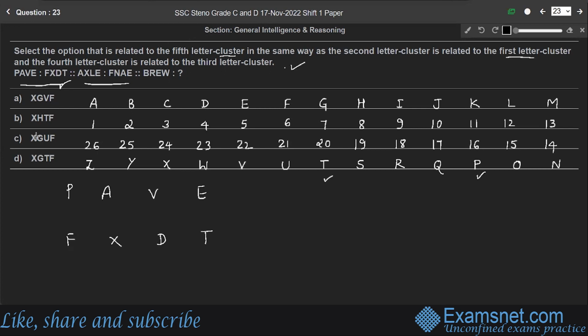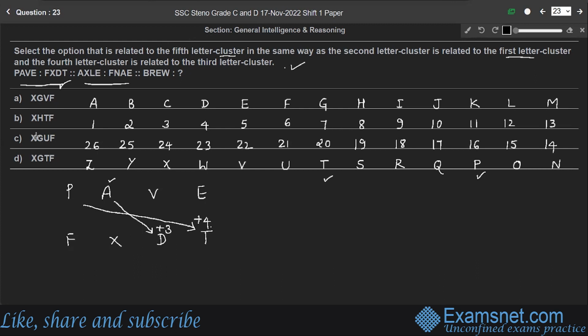Therefore, P is coded as T here. When 4 is added to P, we get T. P plus 4 is T. So let us consider the second letter, which is A. A plus 3 gives you D. In the reverse manner, they've written the codes.